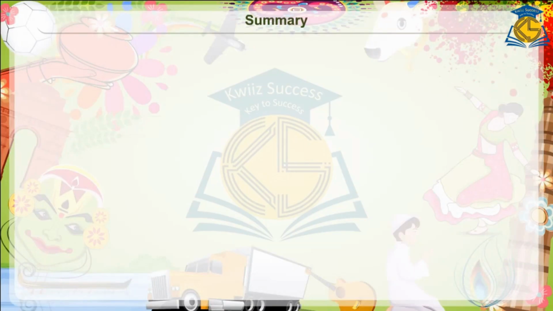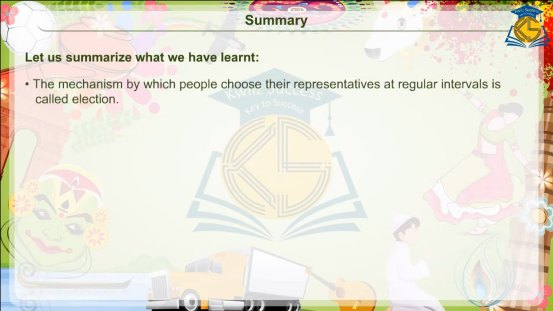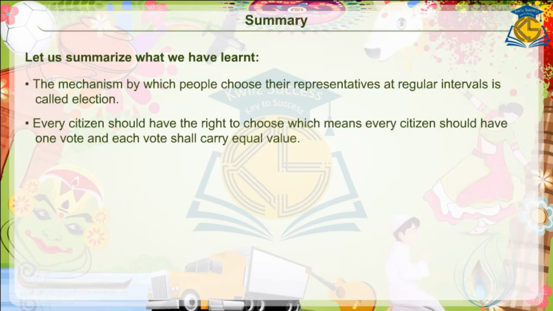Summary. Let us summarize what we have learned. The mechanism by which people choose their representatives at regular intervals is called election. Every citizen should have the right to choose, which means every citizen should have one vote and each vote shall carry equal value.